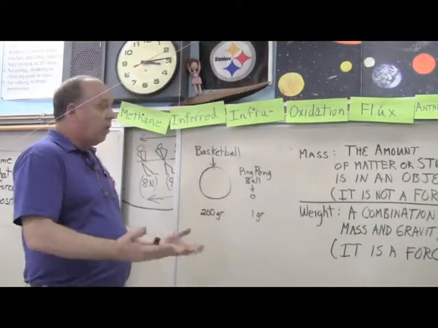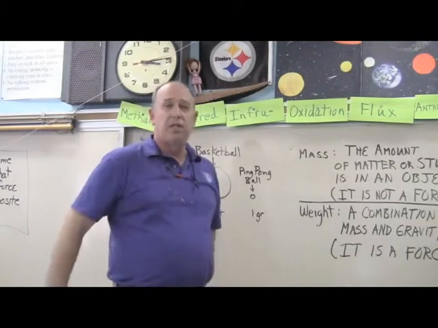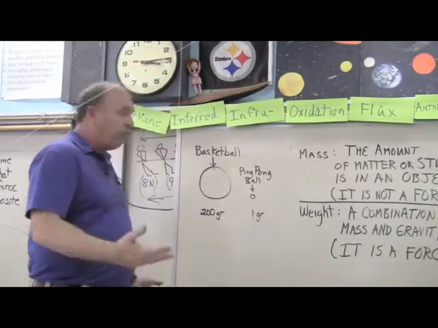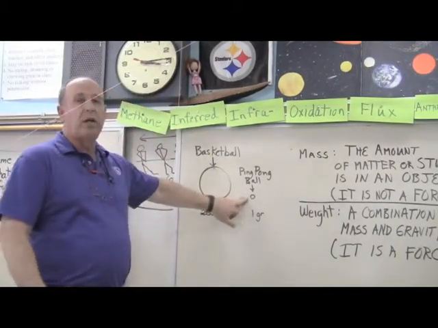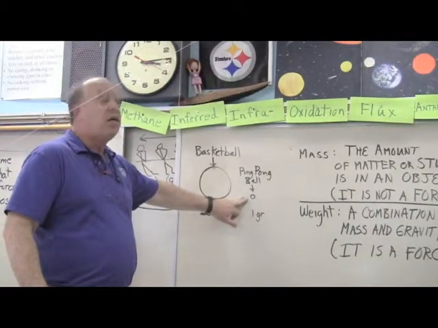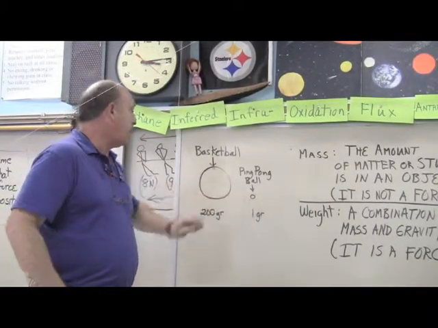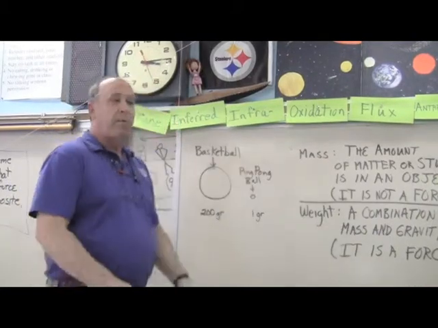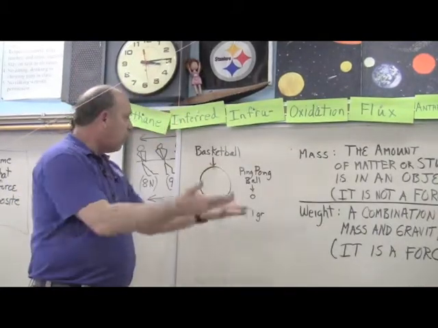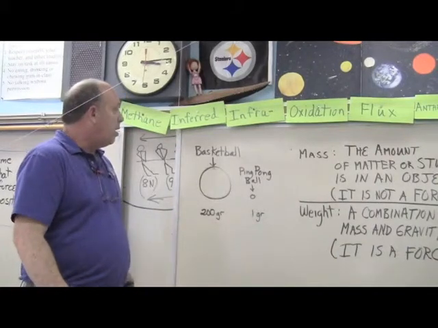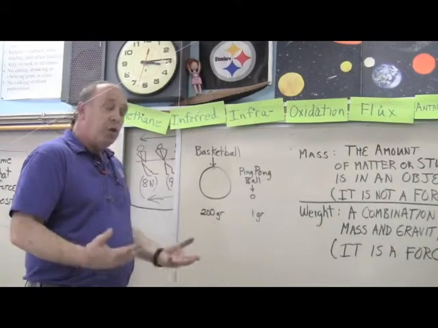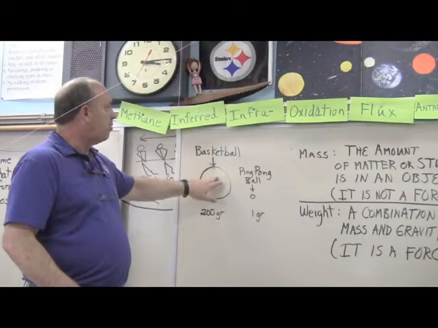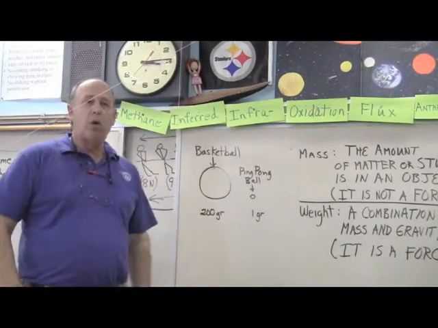In this case, I would say, well, the student pushed both balls with the same amount of force. Therefore, the ping pong ball would accelerate much faster because it has less mass. Or you could say he accelerated them the same amount, but he had to use more force to accelerate the basketball because it had more mass.